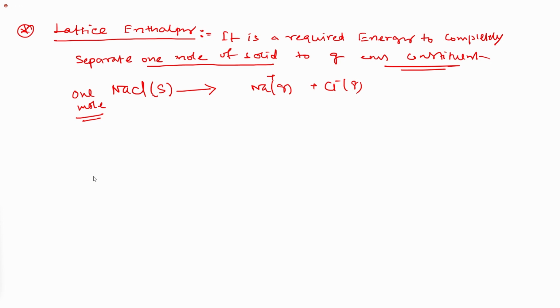So here what is happening? NaCl is a solid, but we are separating the corresponding cations and anions in a gaseous state. So how much energy is needed to separate them?